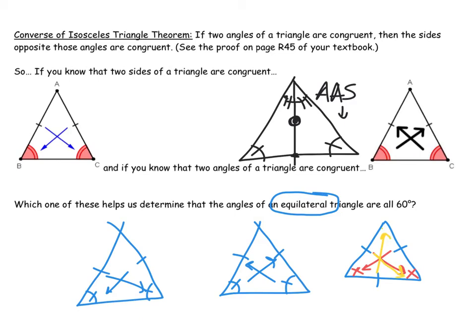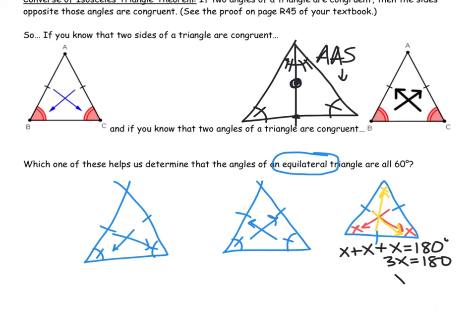So if one is X, the other must also be X. And I can use the triangle angle sum theorem that says that the three angles of a triangle must add up to 180 degrees to solve here for X. 3X is 180, and I can divide by 3 to get that X must equal 60 degrees. So all three angles of an equilateral triangle must equal 60 degrees.